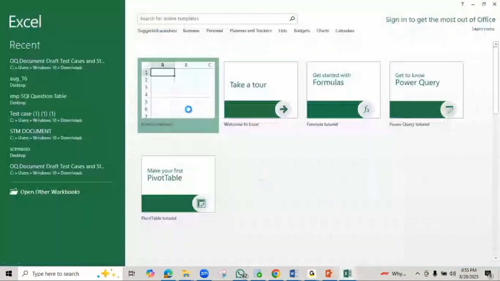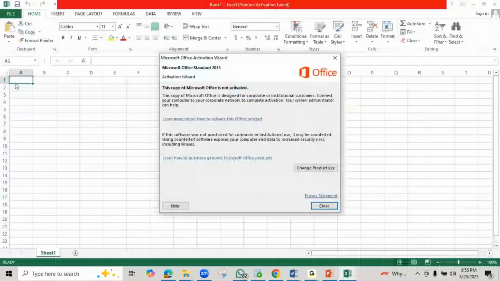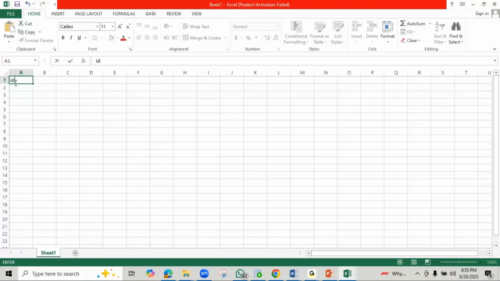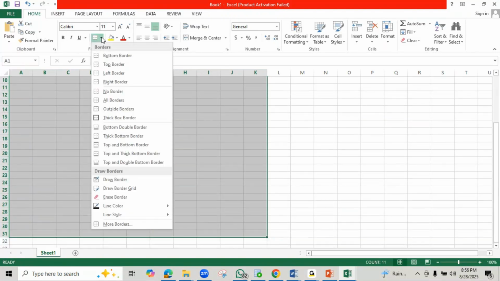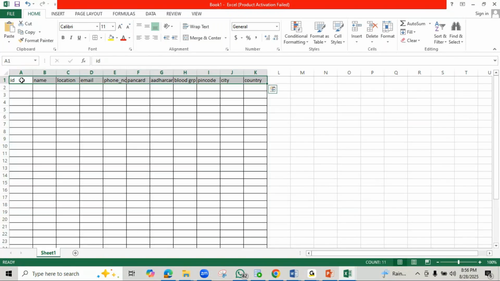Imagine that I have one table containing ID, name, location, email, phone number, PAN card, Aadhaar card, blood group, pin code, city, country, and so on. Consider an example where I have one table with 10 columns and 10,000 records.